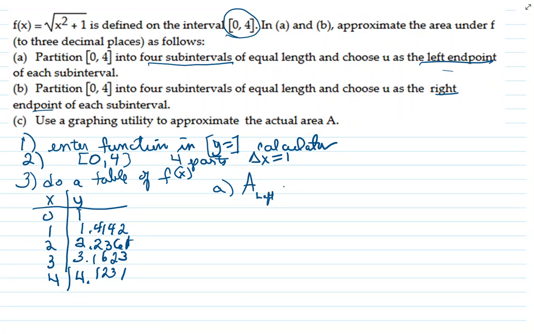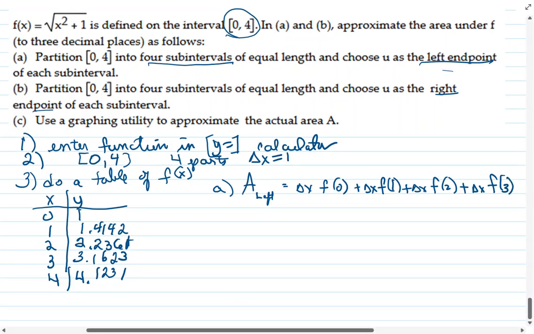So I'm going to have delta x f of 0 plus delta x f of 1 plus delta x f of 2 plus delta x f of 3. Okay, so now I'm going to put in my values. Delta x is 1, so I'm going to have 1 plus 1.4142 plus 2.2361 plus 3.1623.